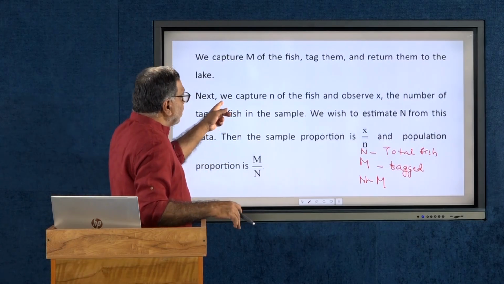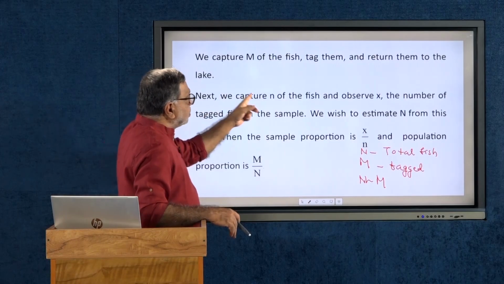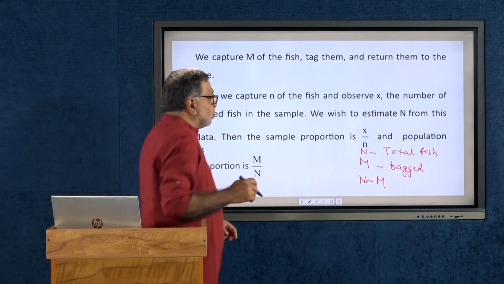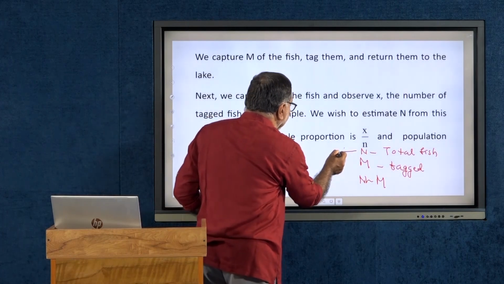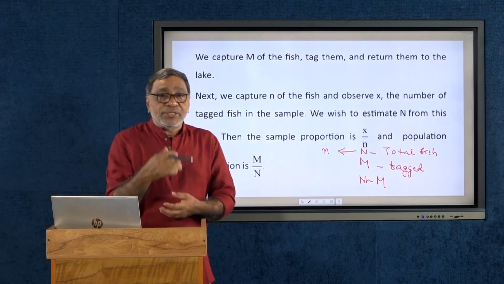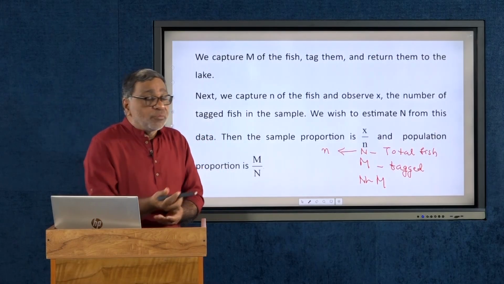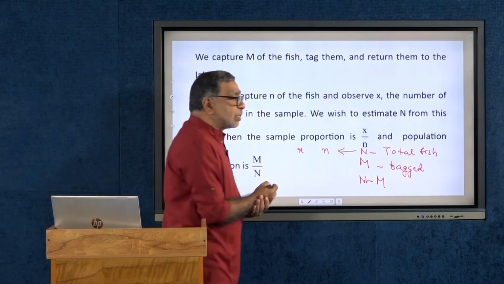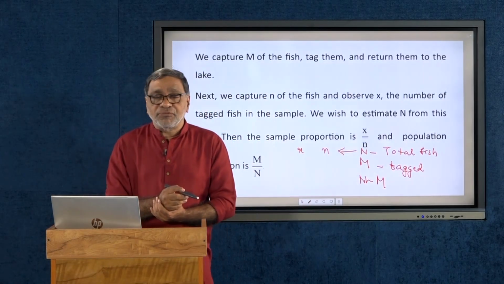Then we capture n fish again. Out of these n fish, how many are tagged? That you can see. Suppose x is the number of tagged fish.